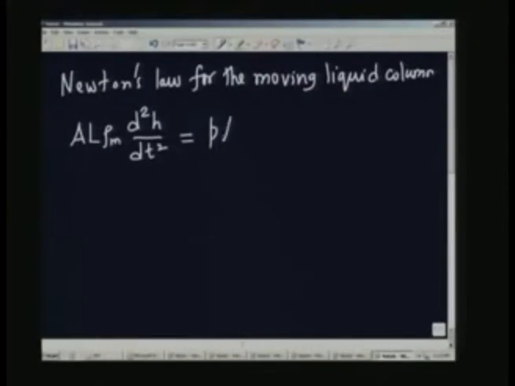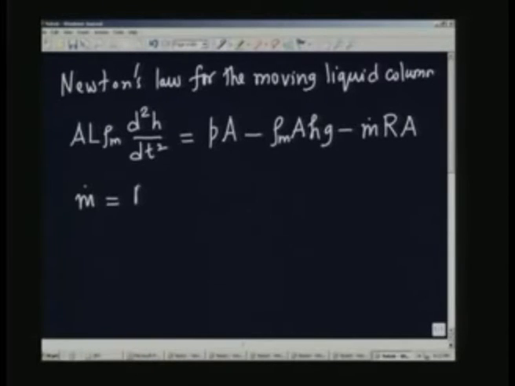So, we have P into A minus rho m into A h into g minus the viscous force, m dot r A, and m dot itself, the mass flow rate, is given by rho m into area into velocity.